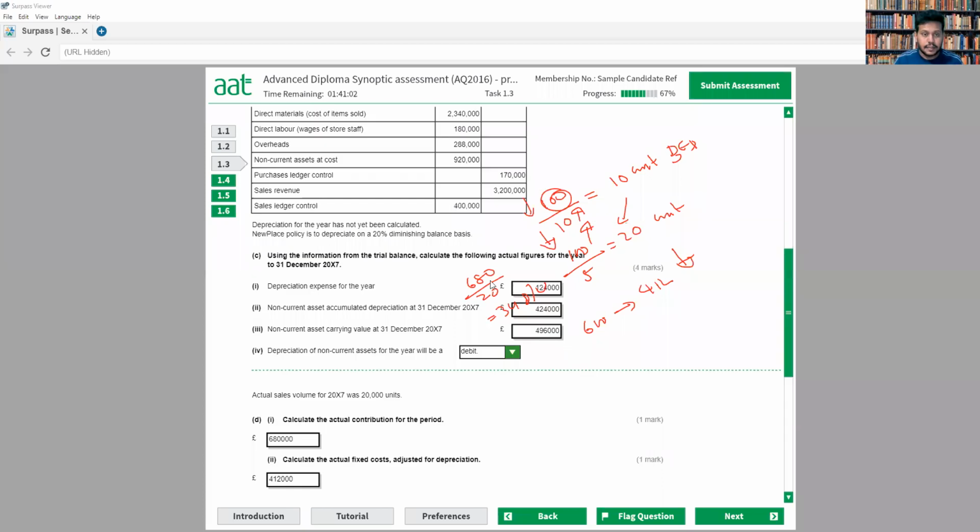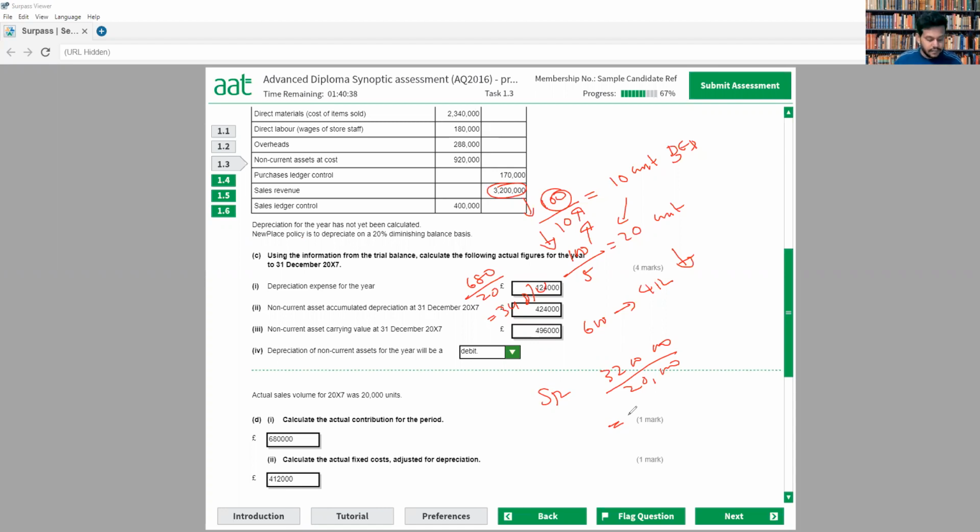So you can see my total sales revenue is 30,200,000 for 20,000 unit.